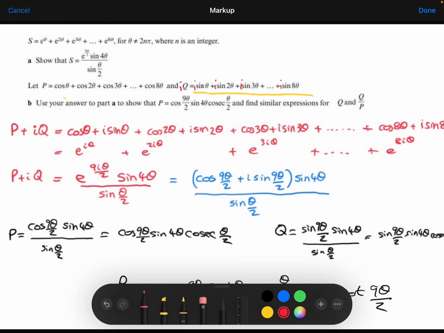Then by adding that to P, I would have cos theta plus i sine theta, cos 2 theta plus i sine 2 theta, cos 3 theta plus i sine 3 theta, and so on all the way up to cos 8 theta plus i sine 8 theta.